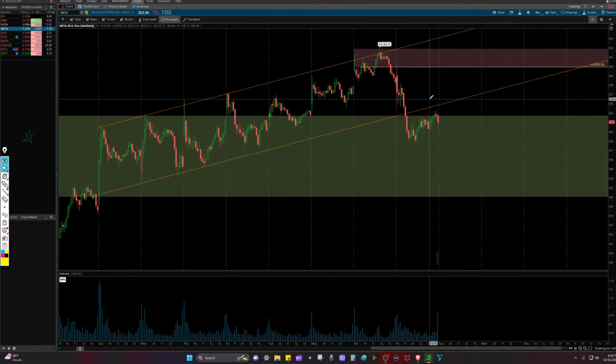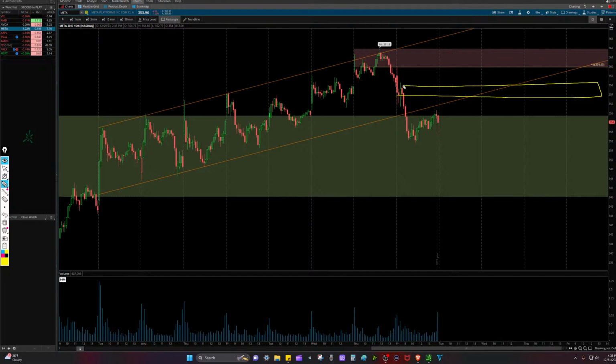I do see a 15-minute supply here, but I don't know. First of all, I don't want to do too much supply or too much drawing because this is in the middle. When something is in the middle, it makes it harder to analyze.